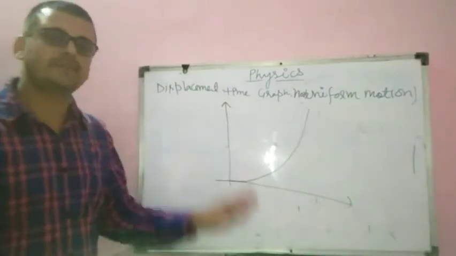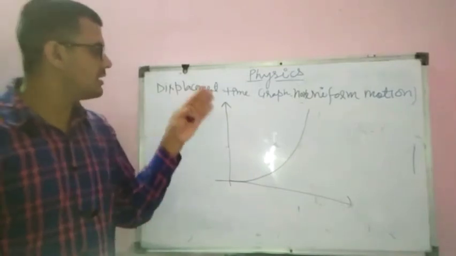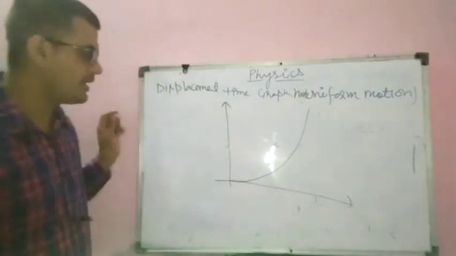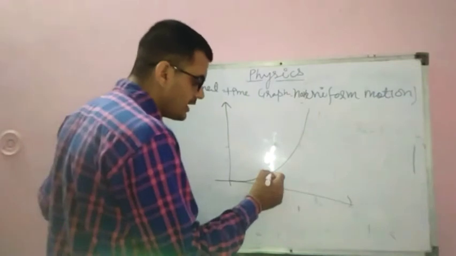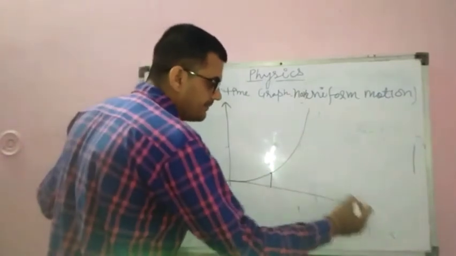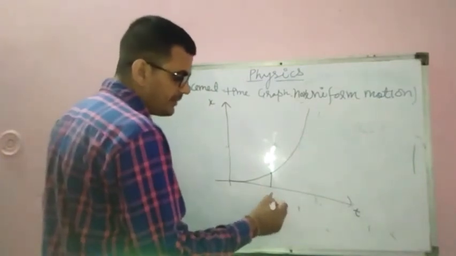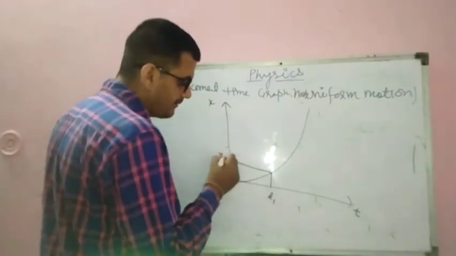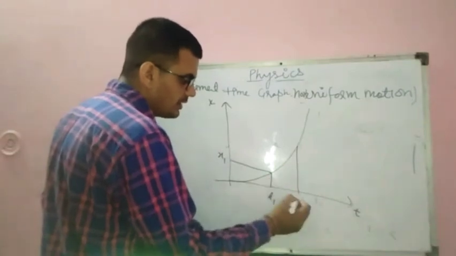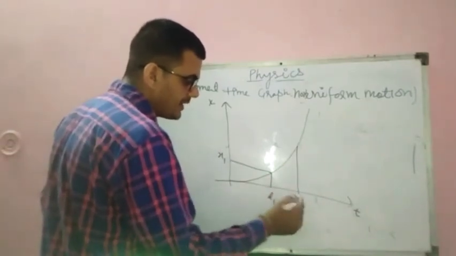It is very simple, we have already discussed this in the distance-time graph. Suppose at time t1 displacement of the body is x1, and at time t2 displacement of the body is x2.